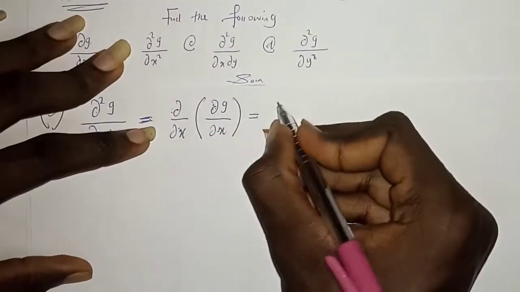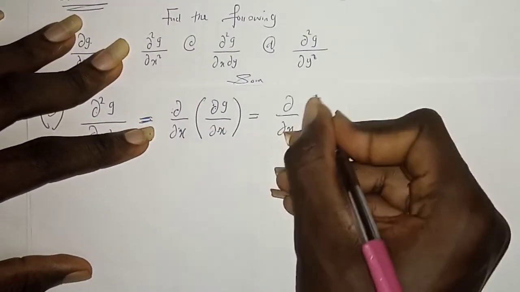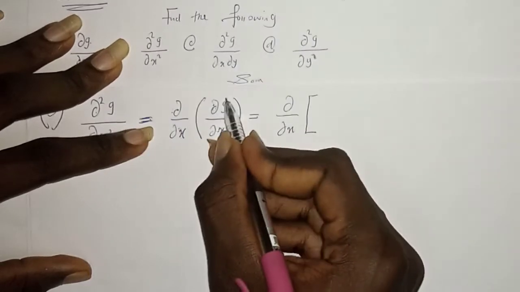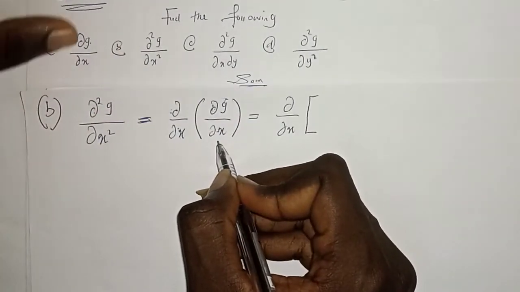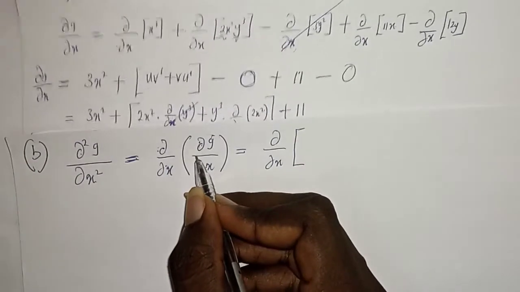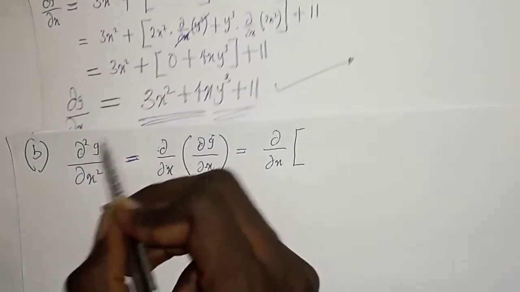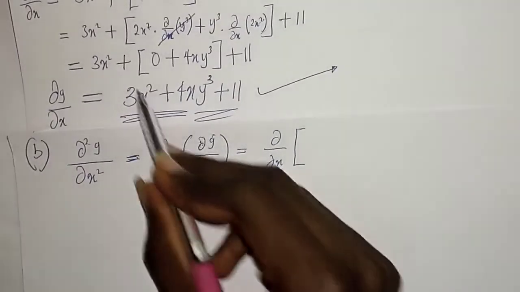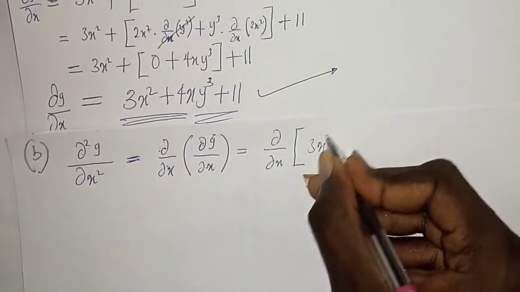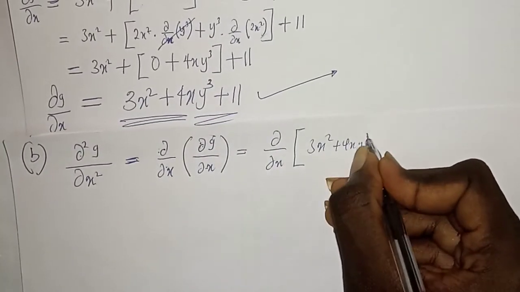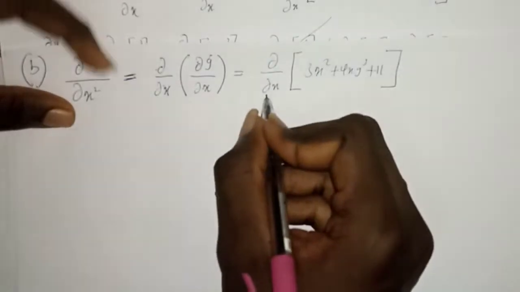So here in this case, we end up having del x of this result. I think I have this before, and that's for question A. The final result for this one, remember that we got, this is what we have. Del g del x is 3x squared plus 4xy cubed plus 11. So then we end up differentiating this.